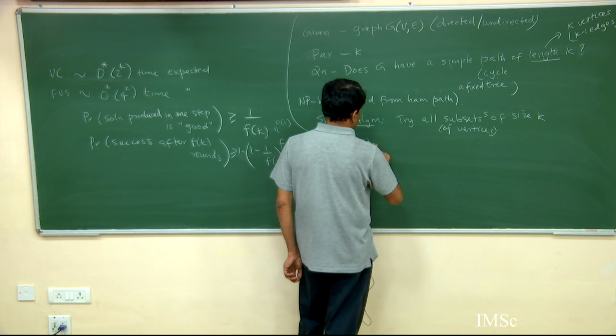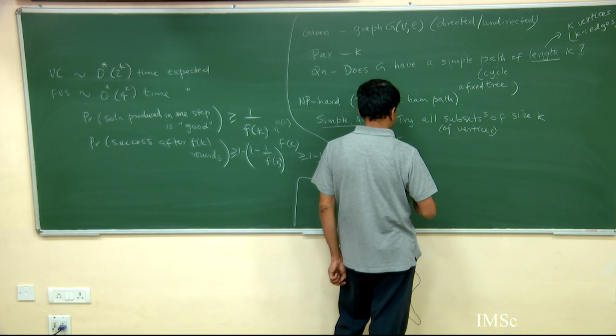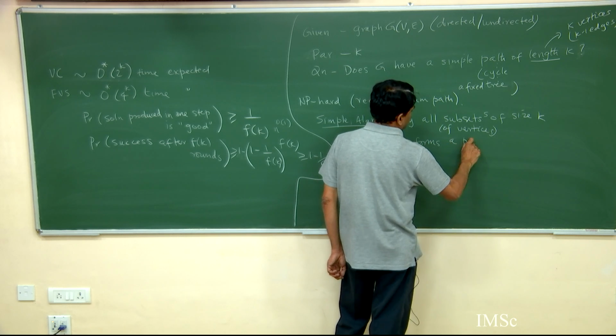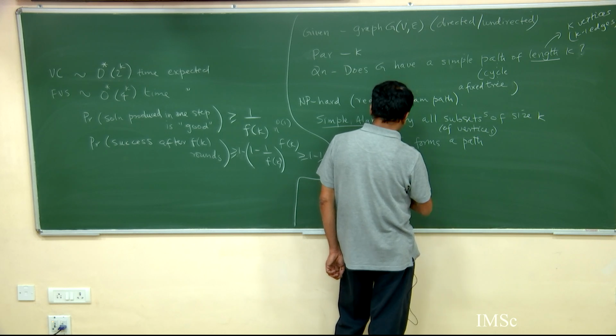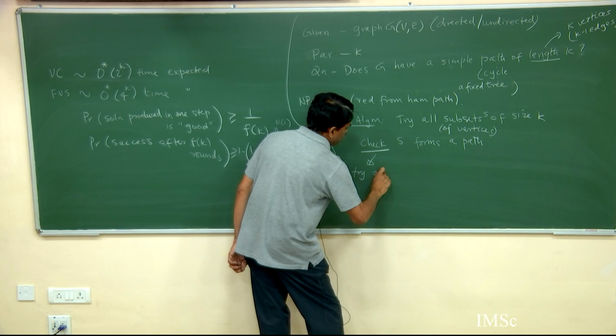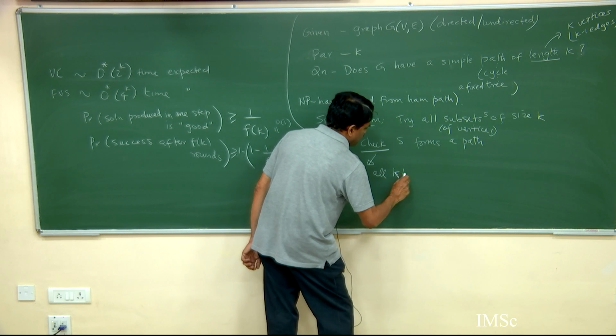Check whether S forms a path. And how do you check this? This is one brute force way, there may be better ways to do this. Try all k factorial permutations.